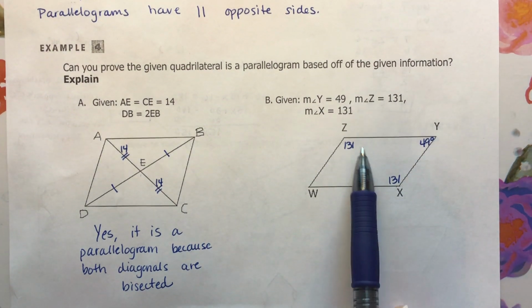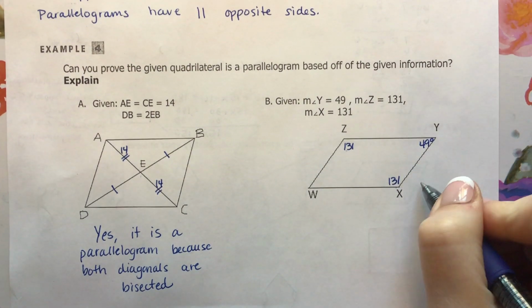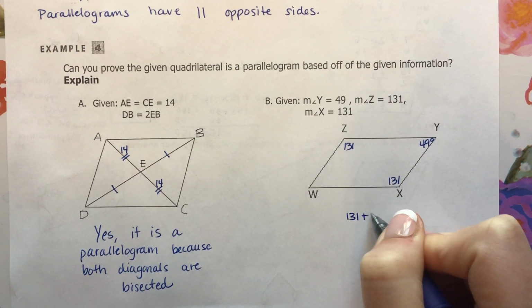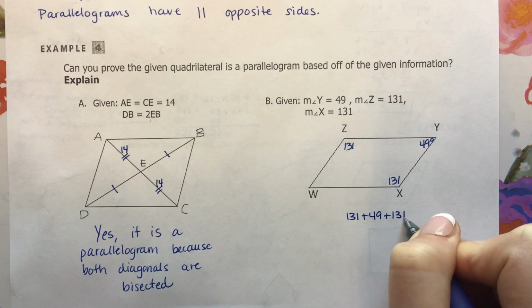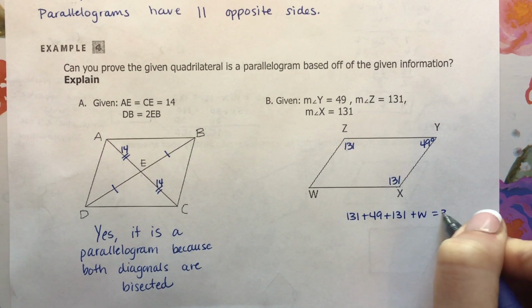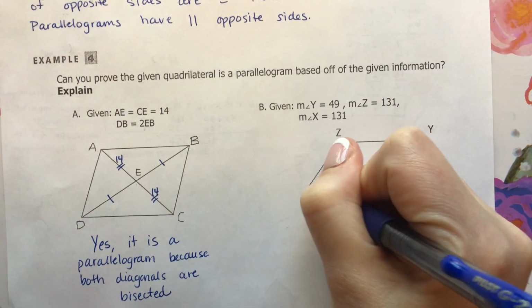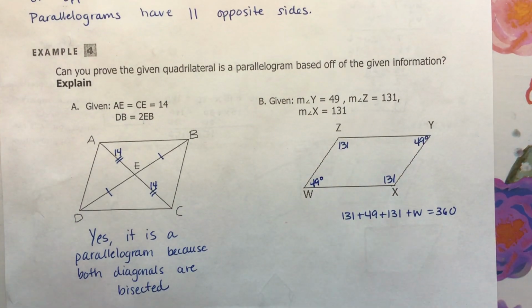So if they add up to 360 and I take one, let's just say W there. So if I say 131 plus 49 plus 131 plus W equals 360, what am I going to get for that angle W? Okay, so 131 plus 49 plus 131, and then take that away from 360, I get 49 degrees. So W is also 49 degrees.